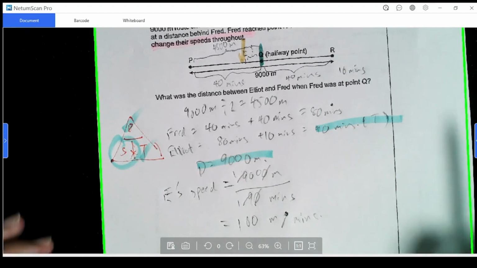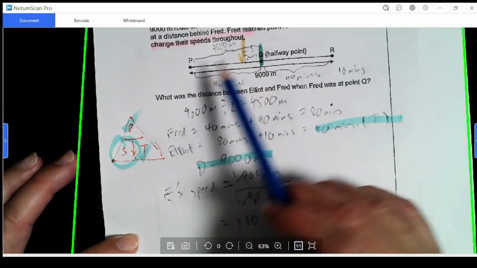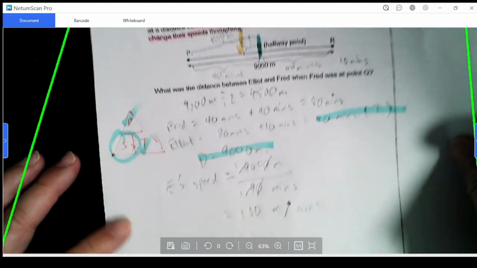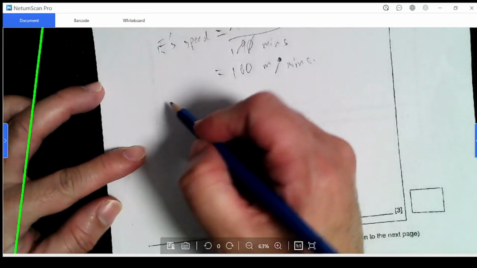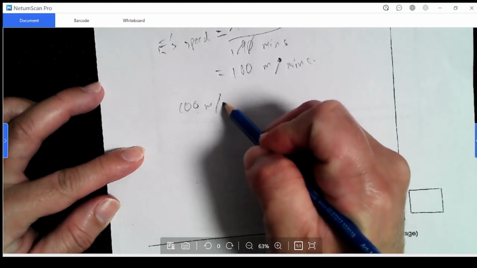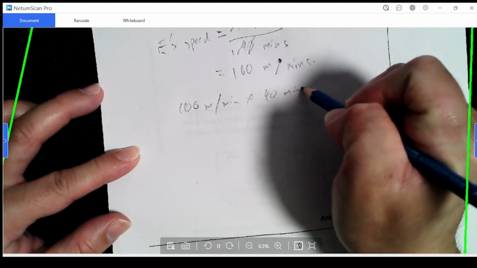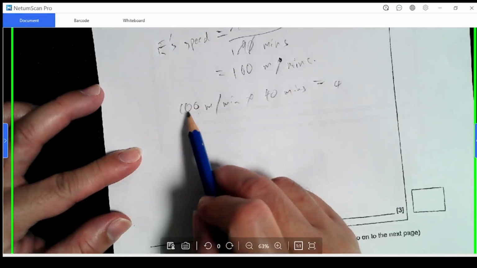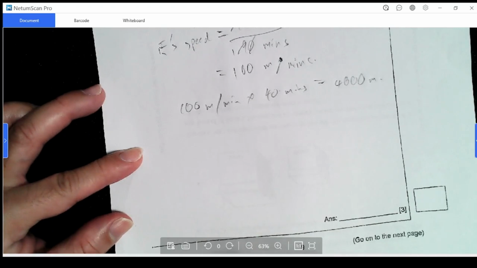Can we find out how far Elliot ran in the 40 minutes when we know the speed? Yes, we can. Since it's 100 meters per minute times 40 minutes equals, very easy, 1 times 4, 4. How many zeros? 1, 2, 3. 4,000 meters.